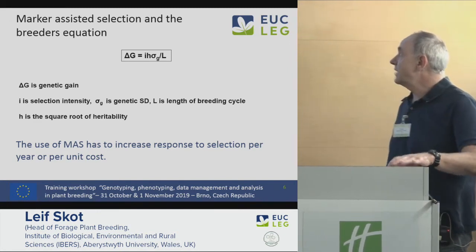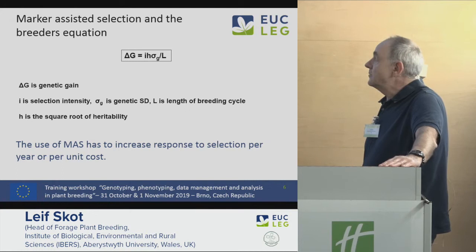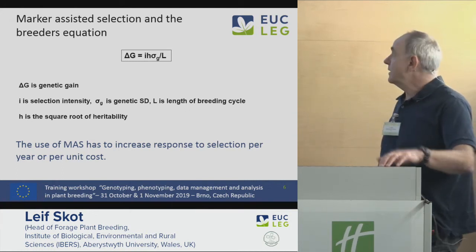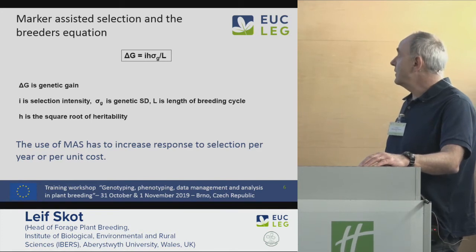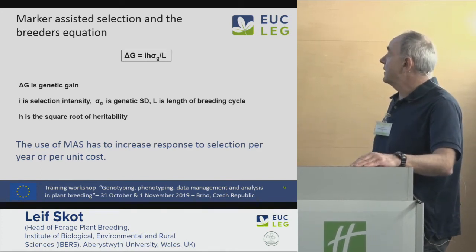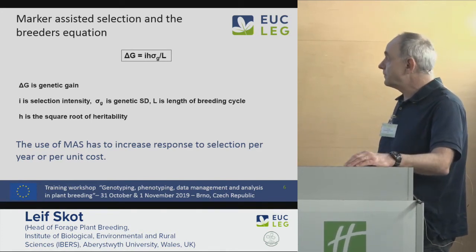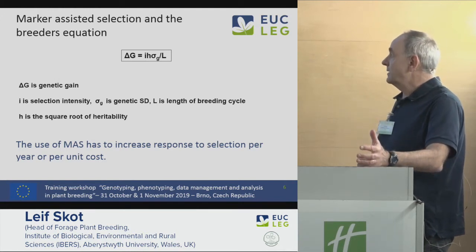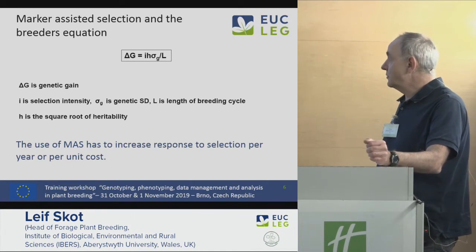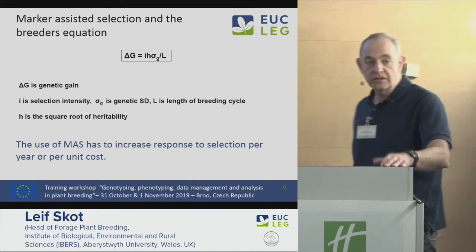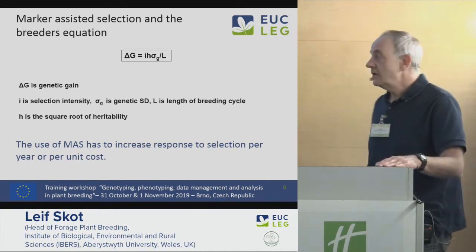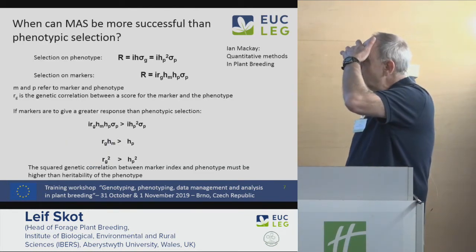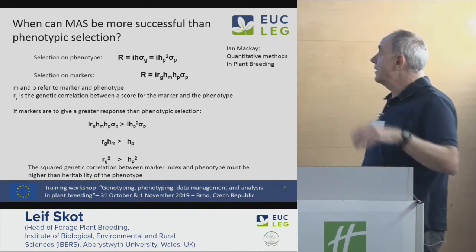The change in genetic gain is related to selection intensity, the genetic variation in the material you're working with, the length of the breeding cycle, as well as heritability. And the use of marker-assisted selection has to increase the response to selection per year or per unit cost in order to be useful for the breeder. And this is taken from his notes.